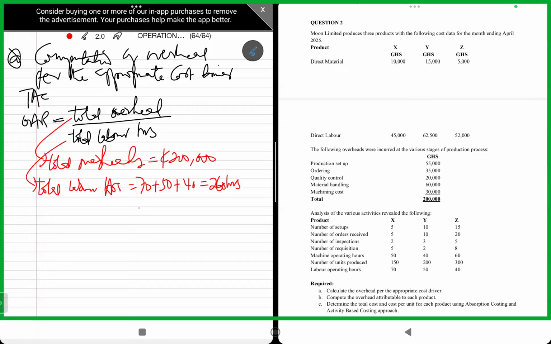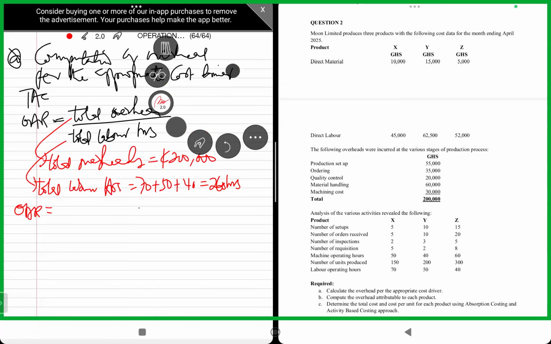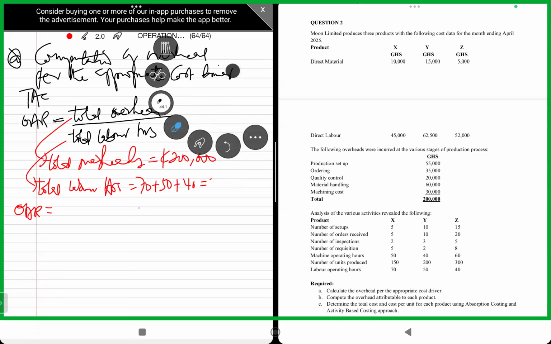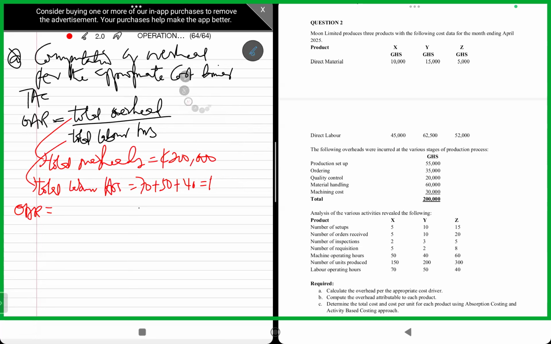Now we go and find out we've gotten the values. So we go and find our OER. What is our OER? Total overhead. What's our total overhead? 200,000 divided by what? 160 hours.